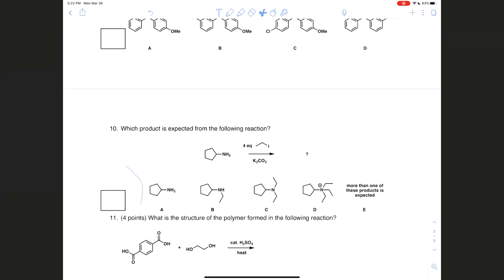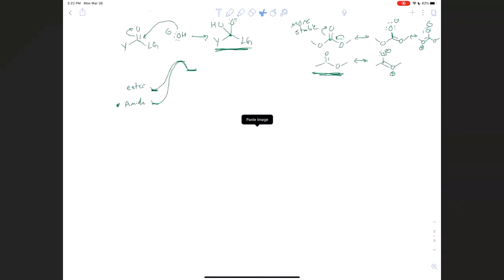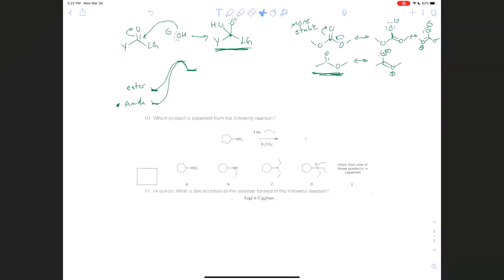Oh, this is a great problem. So this is covered in lecture 26 a bit, or at least that's where we talk about alkylation reactions of amines and alkyl halides.